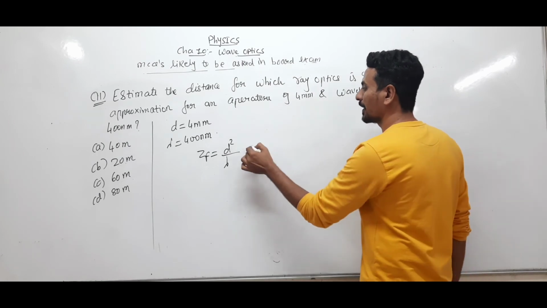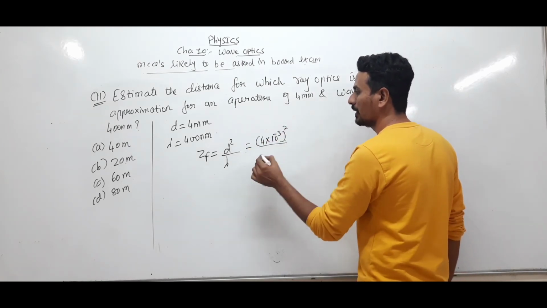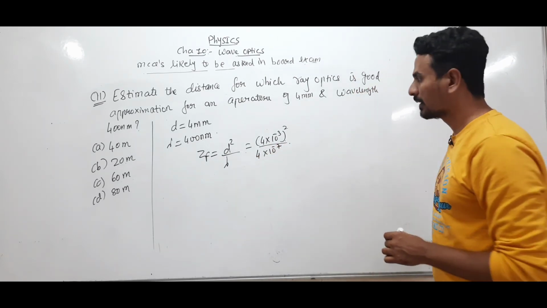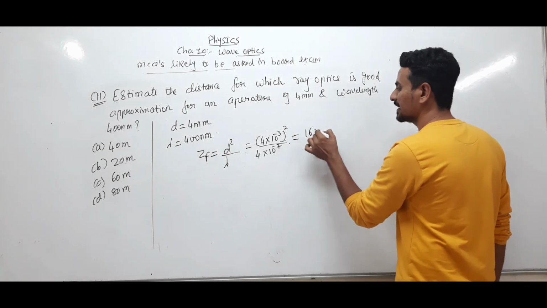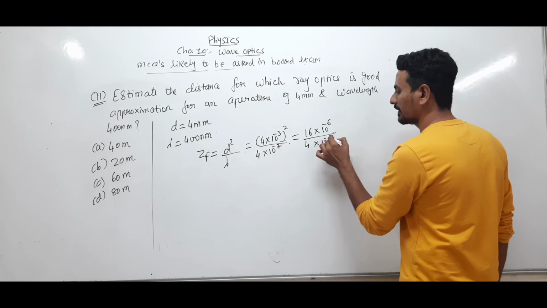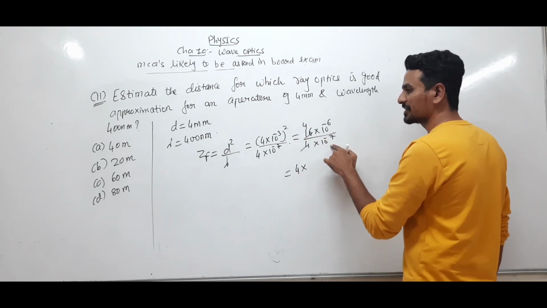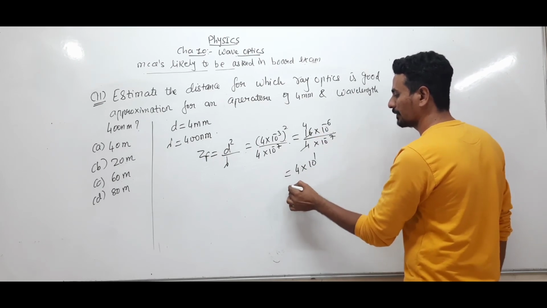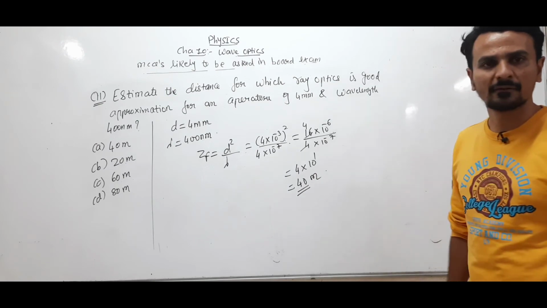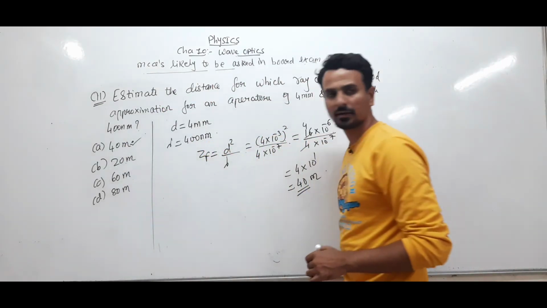So that is 4 into 10 raised to minus 3, the whole square, upon 4 into 10 raised to minus 7. So this will be equal to 16 into 10 raised to minus 6 upon 4 into 10 raised to minus 7. So this will be 4 into 10 raised to 1, so it will be 40 meter. Clear? Fine. So A is the correct option. Okay. The next one.